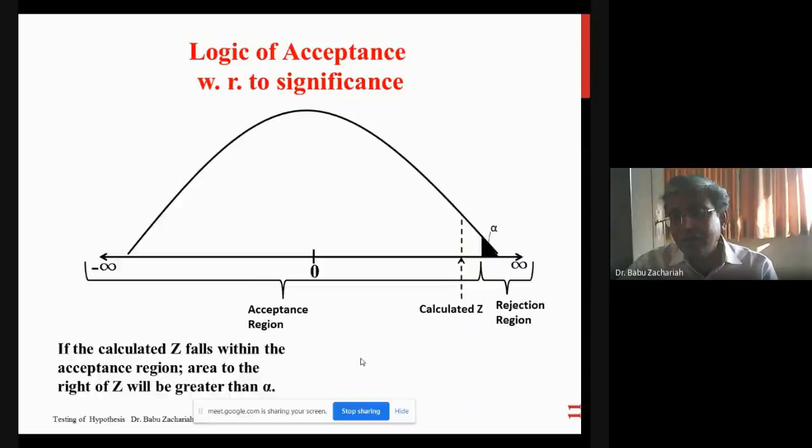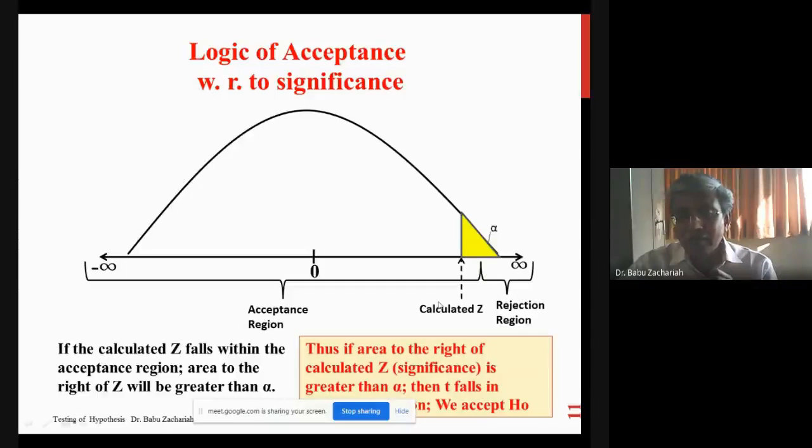That is greater than alpha if it falls here. So our rule is: if the area to the right of Z is greater than alpha, then Z falls in the region of acceptance. We accept H0.